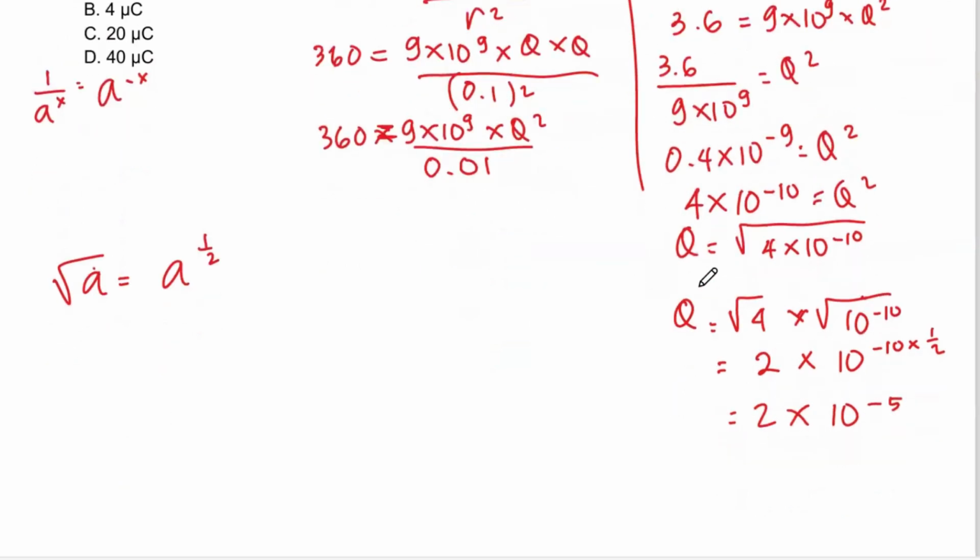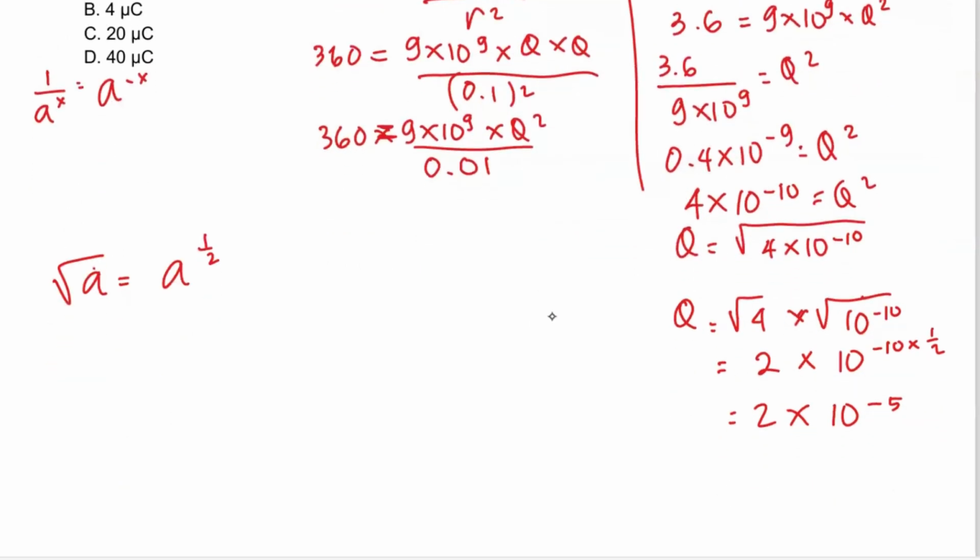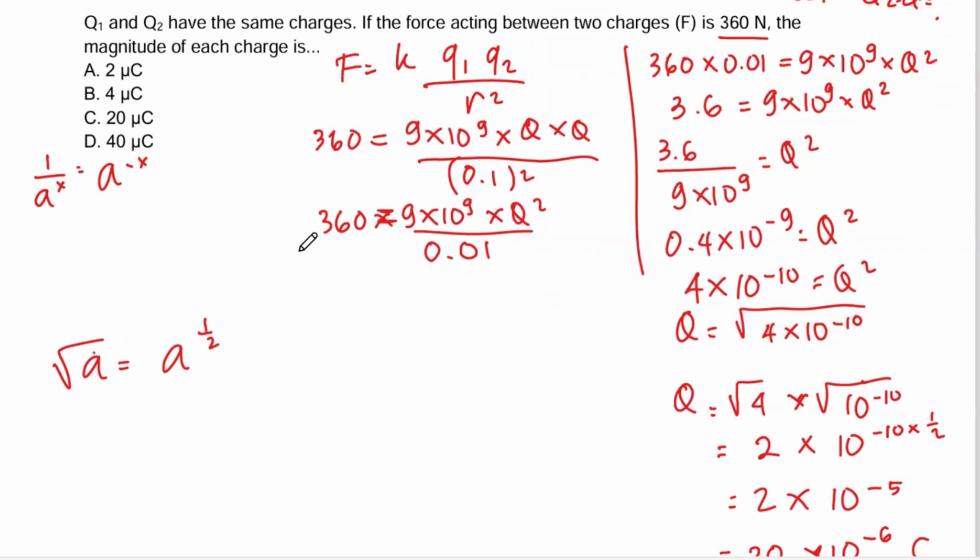The answer will be in micro, so you must make it 10 to the power of minus 6. So we're going to have 20 here, coulomb. So Q equals 20 microcoulomb. So the answer is E, 20 microcoulomb.